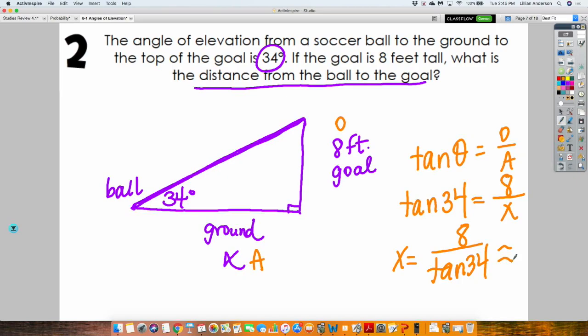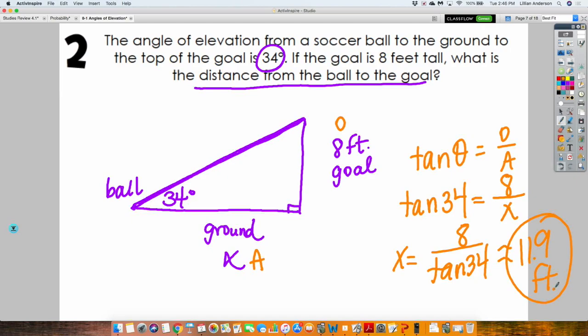How far is the ball away from the goal? 11.9 feet. Especially with the word problems, definitely make sure you put your units.